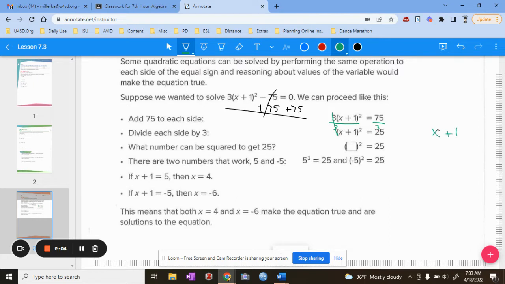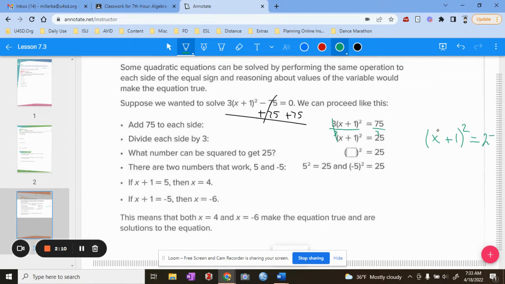So I am going to think about what that means. What squared is 25? That's what this blank here is. We're asking not what does x plus 1 need to be to get 25, but what number times itself is 25?